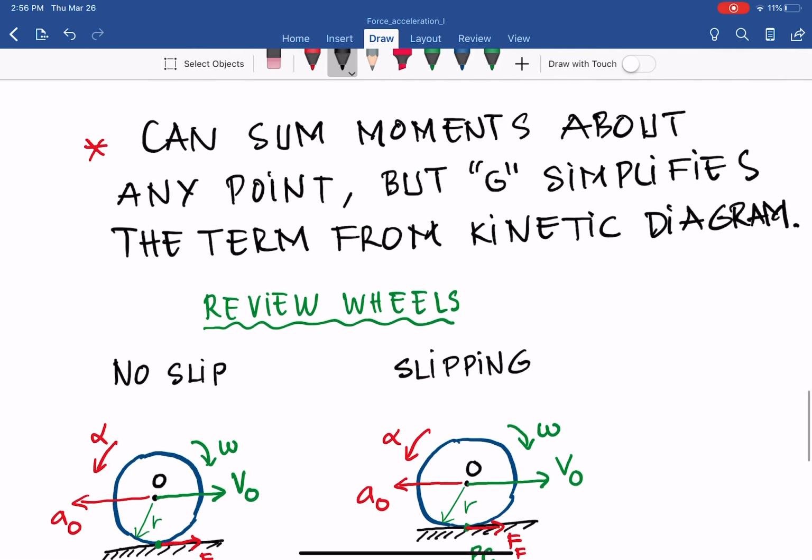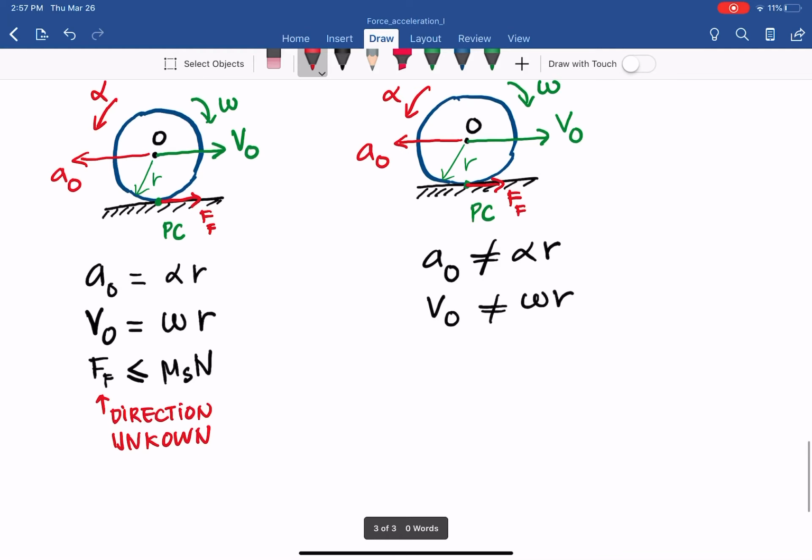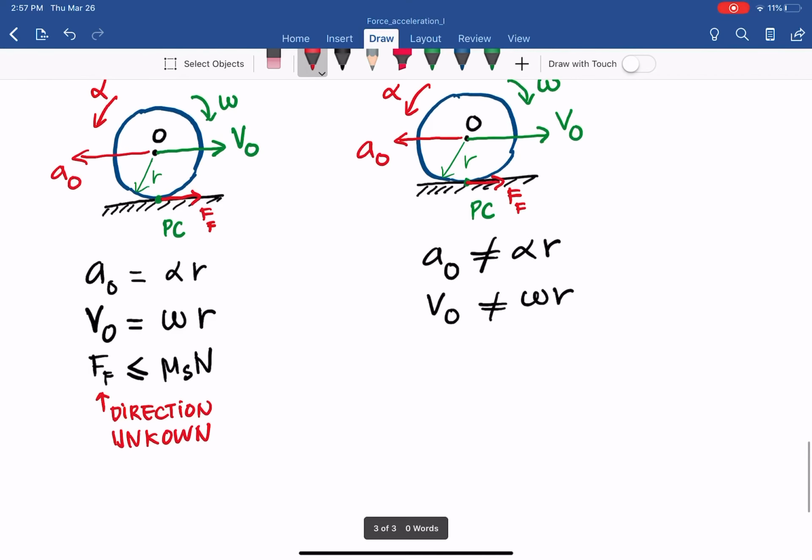Let's put F here. In this case, for the no slip, the direction is unknown and the magnitude is unknown. So you just go ahead and assume a direction, and whatever you find out, if it's negative, then it's opposite to your assumed direction.